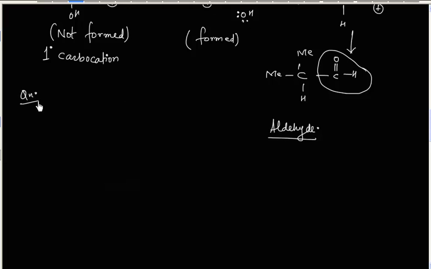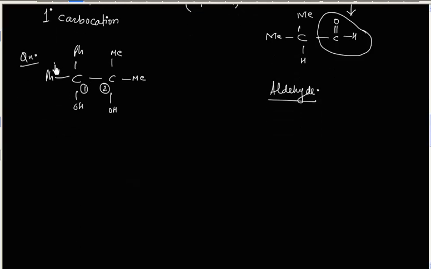Now let us try this problem. Once again, this is a 1,2 diol, and this is an unsymmetrical 1,2 diol, because on carbon number 1 we have different groups and on carbon number 2 we have different groups. So this is a case of unsymmetrical 1,2 diol.